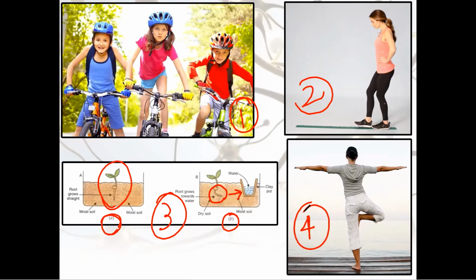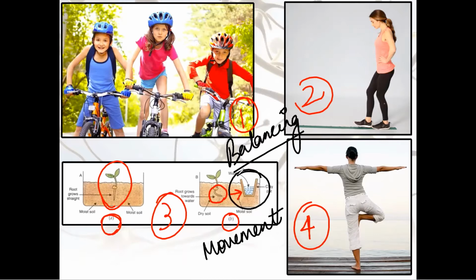From all these images, what comes to our mind? The children try to ride a bicycle, and for that they need balancing. In the second, a lady tries to walk in a straight line, which again needs balancing. Then third, movement of a plant, here towards water.